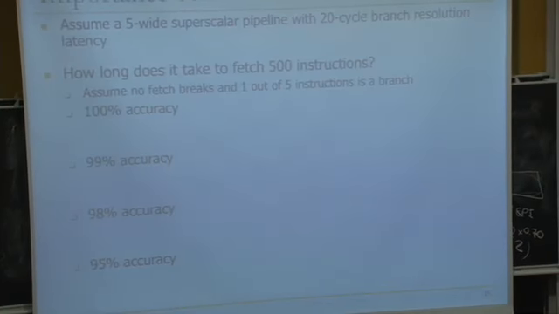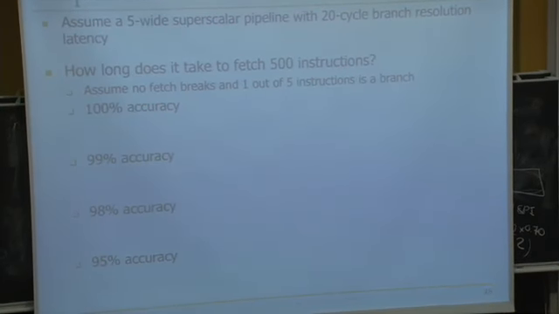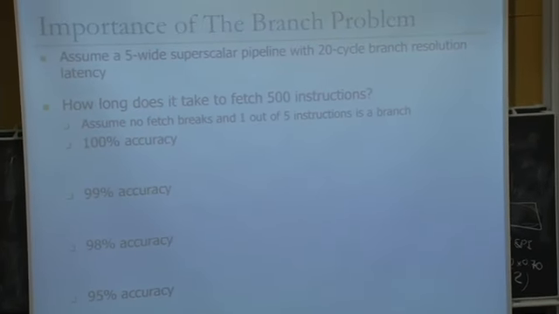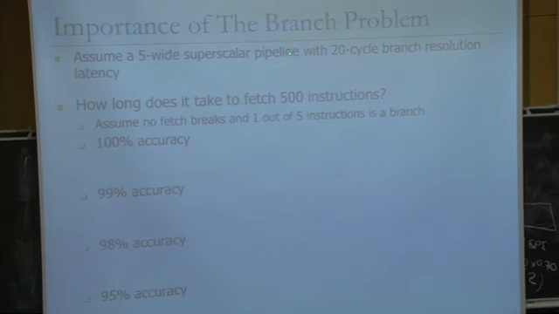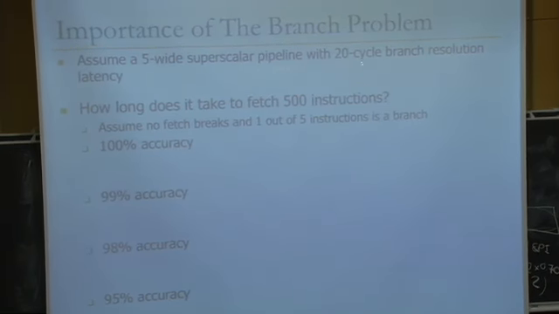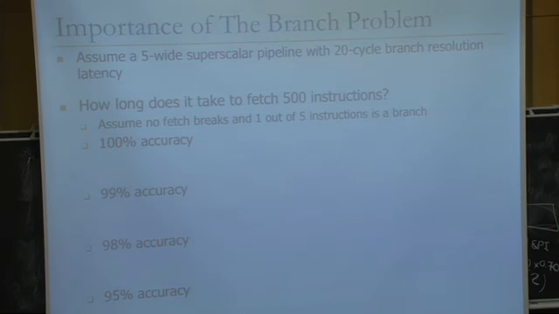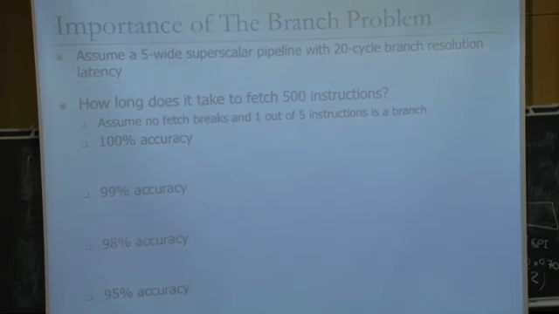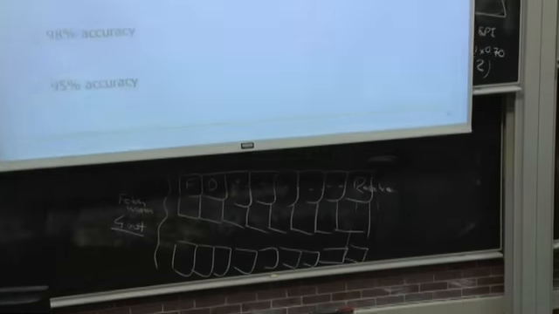Well, let's see how bad this could be. Assume your fetch width is 5. You have a 5-wide superscalar pipeline, and your pipeline depth is 20. You resolve a branch after 20 cycles. Let's just do the exercise of how long it takes to fetch 500 instructions. And let's assume there are no fetch breaks, meaning you always have one branch instruction in the 5 instructions that you're trying to fetch.